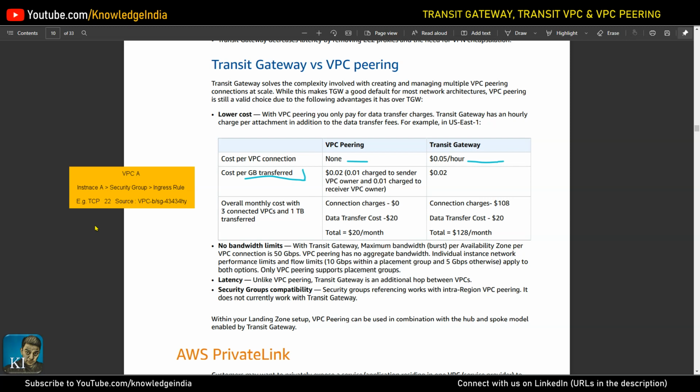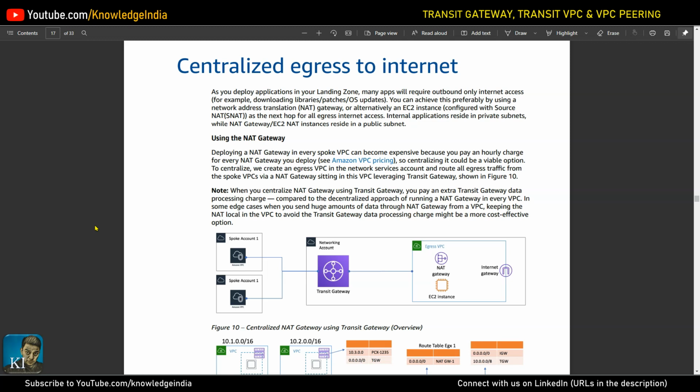But when you are connecting different VPCs using Transit Gateway, you cannot do that. So those are a few advantages of peering over Transit Gateway. So in certain scenarios, you may still choose to go ahead and do peering and not go with Transit Gateway. Now the next model or the next pattern which you can implement is centralized egress to internet.